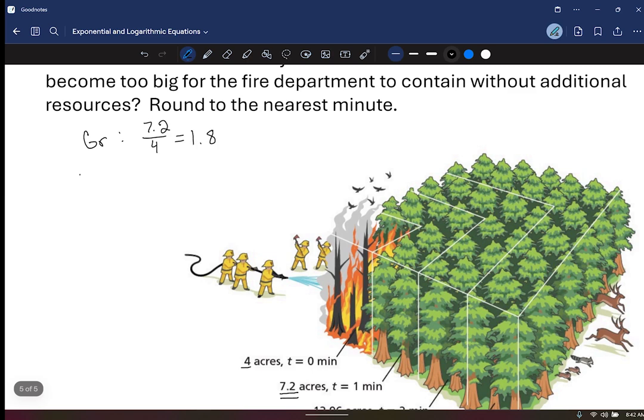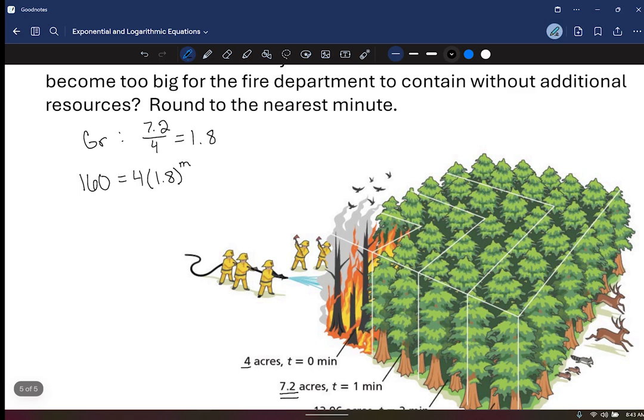So I know that they can do 160 without needing additional resources. My original acreage was 4. My growth rate is 1.8. And that's raised to the time, which is in minutes. So we have a growth rate exponential function here.